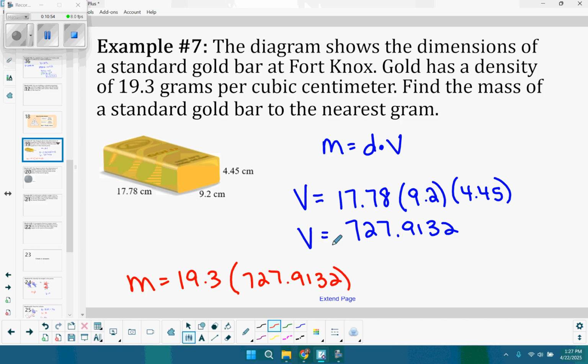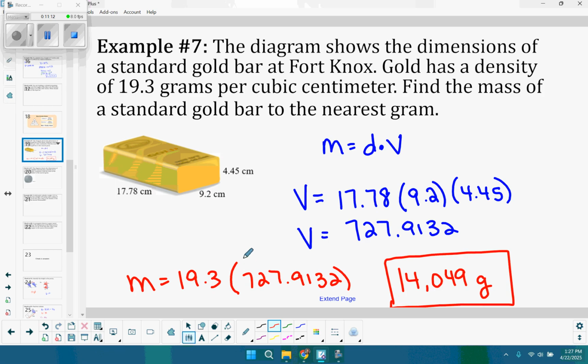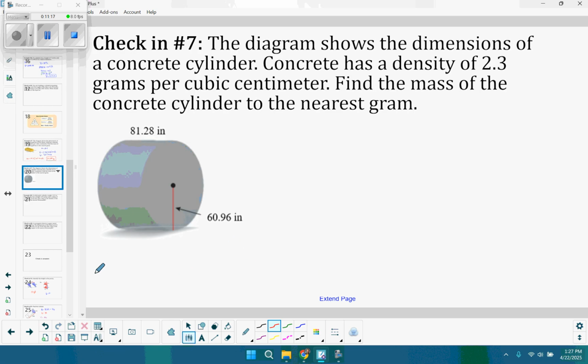So if I hit times 19.3, I get a mass of 14,048.7. Oh, they said to the nearest gram, so we'll round that to 14,049 grams. There's a check-in here for you to try. Pause. Answers are posted on Google Classroom.